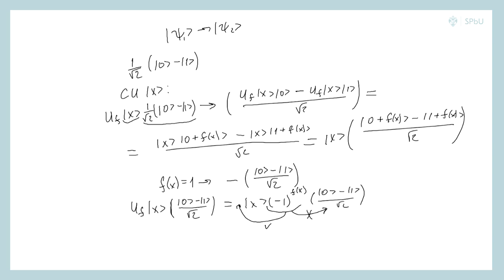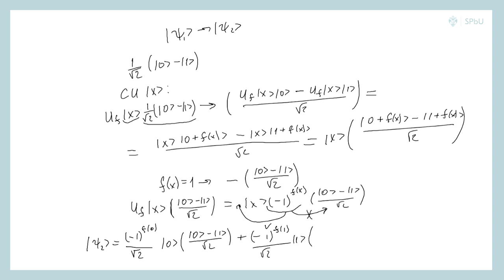So then the psi2 state could be finally written as psi2 equals minus 1 to the f of 0 over the square root of 2 on the state 0, the state 0 minus 1 divided by square root of 2, plus minus 1 in the power of f of 1 divided by square root of 2 on the state 1 and as the state of the second qubit 0 minus 1 divided by square root of 2.